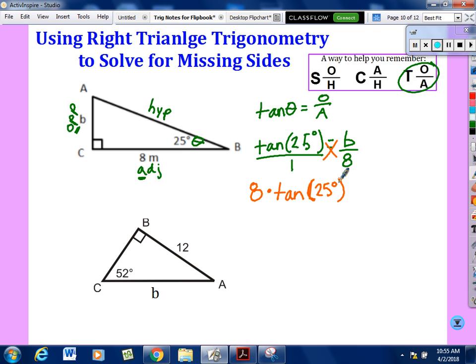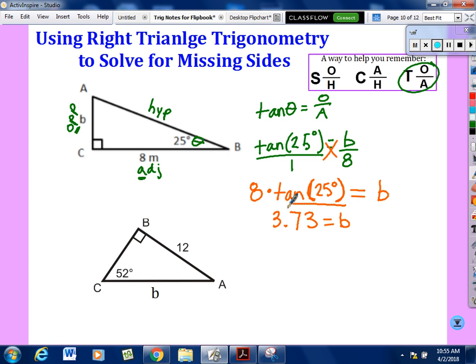That's why I put parentheses, to show you the angle is going inside the trig function. That would be equal to 1 times b, which in this case is just b. Now this I can just type into the calculator. So if I type in 8 times tan of 25, I get 3.73 rounded to the hundredths.